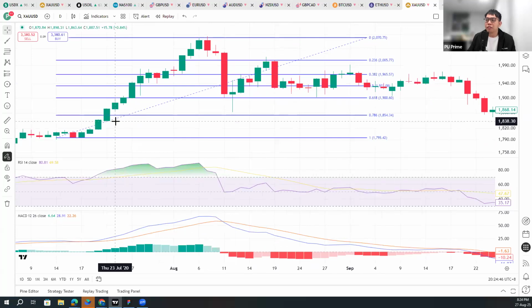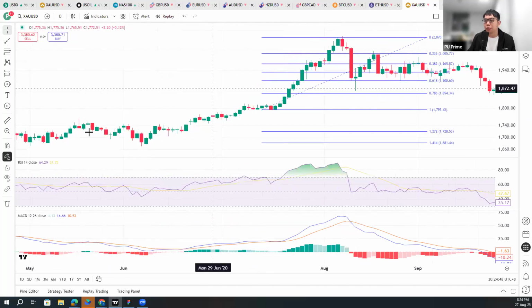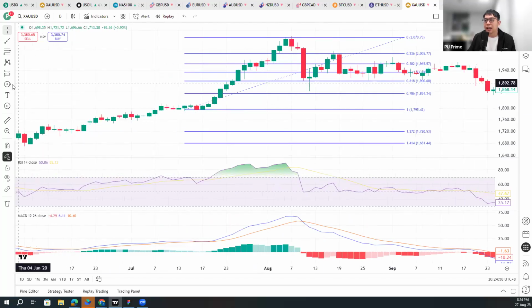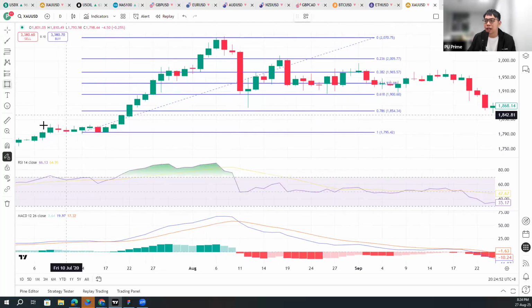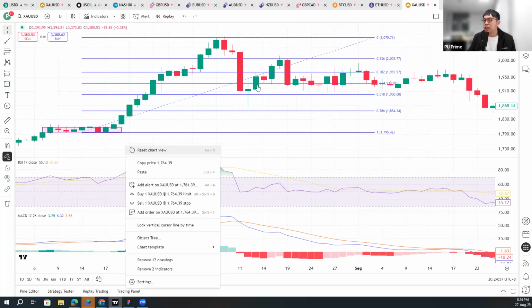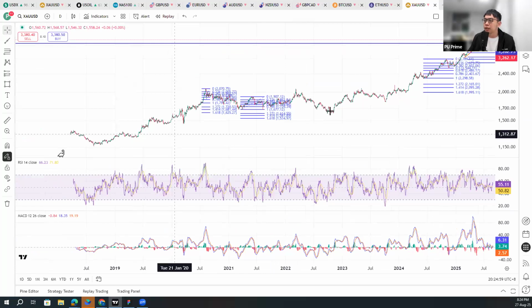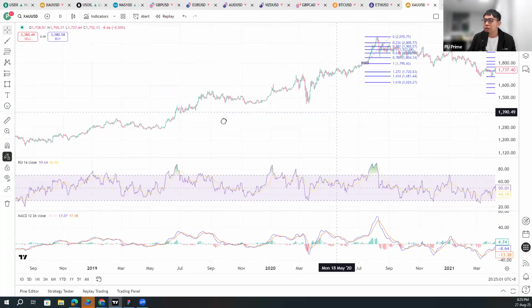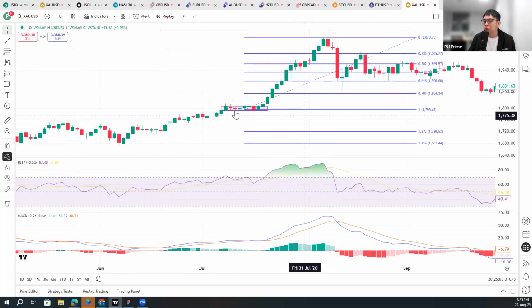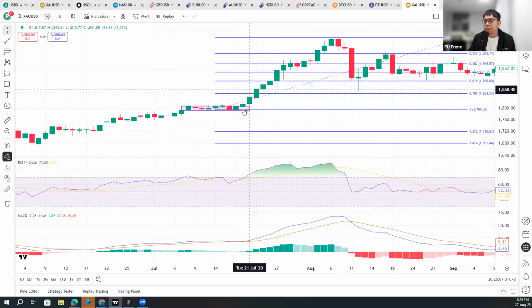Previously we see this uptrend, and then you draw this price consolidation range, and you tell yourself, if it breaks below, you will start to short it. If it breaks above, then you will enter a long position.